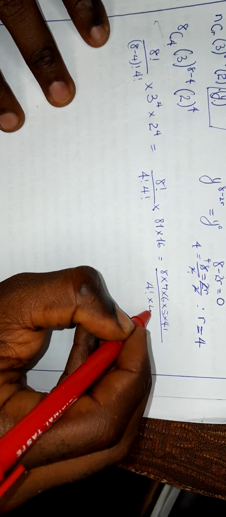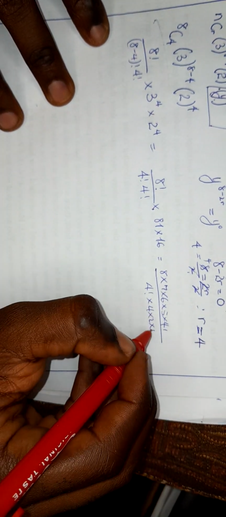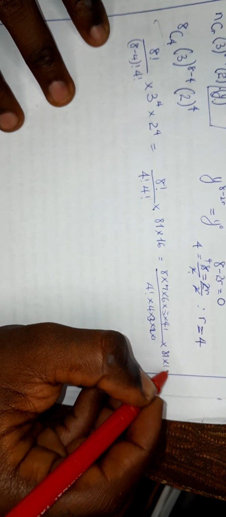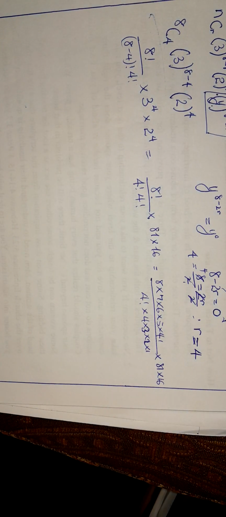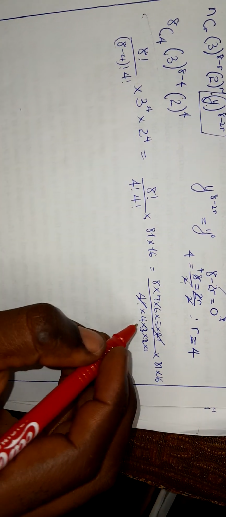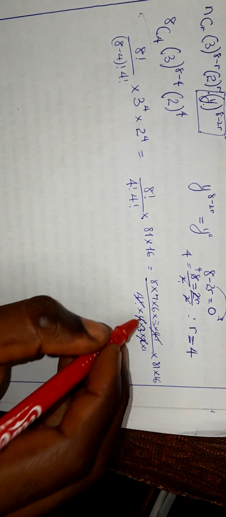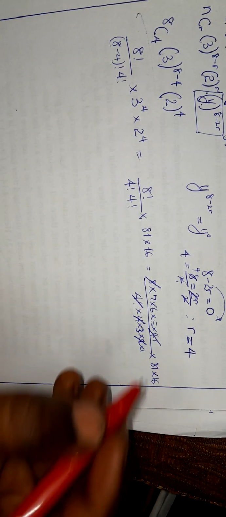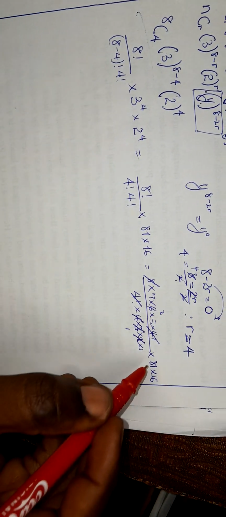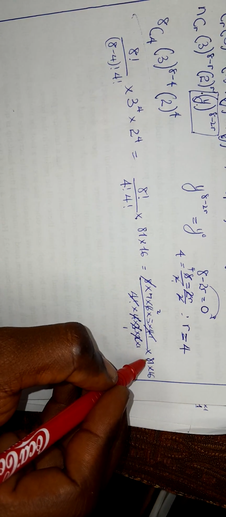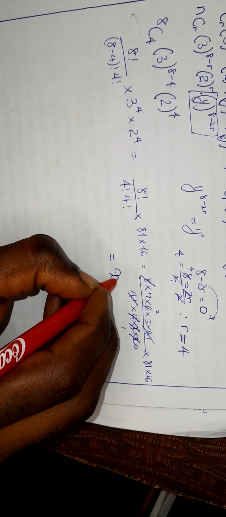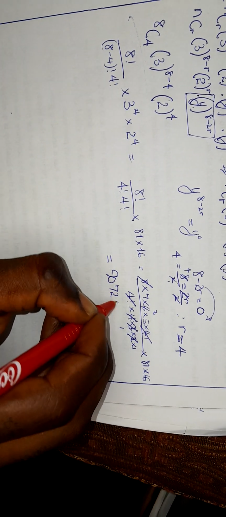Over 4 factorial times 4 times 3 times 2 times 1, times 81 times 16. So 4 factorial cancels 4 factorial. 4 times 2, 8. Cancel this. 3 in itself 1, 3 here 2. So 7 times 2 times 5 times 81 times 16 will give us 90,720.